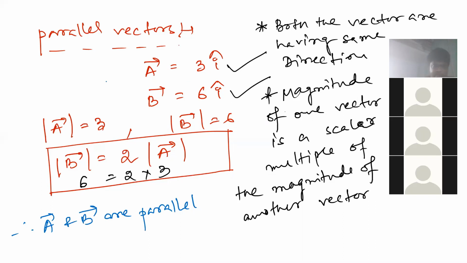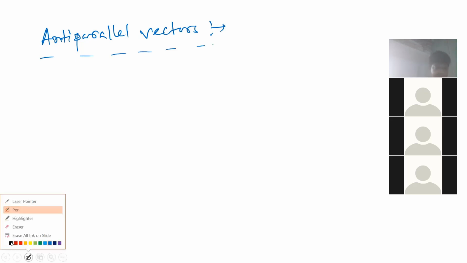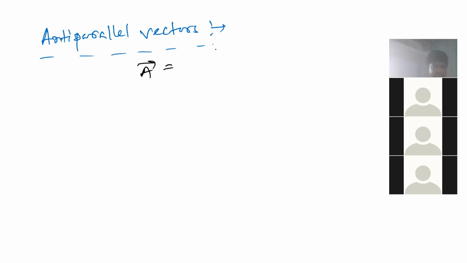The next slide is anti-parallel vectors. So what do I mean by anti-parallel vectors? Suppose I take the example A vector equals 5 I cap and B vector equals minus 10 I cap.